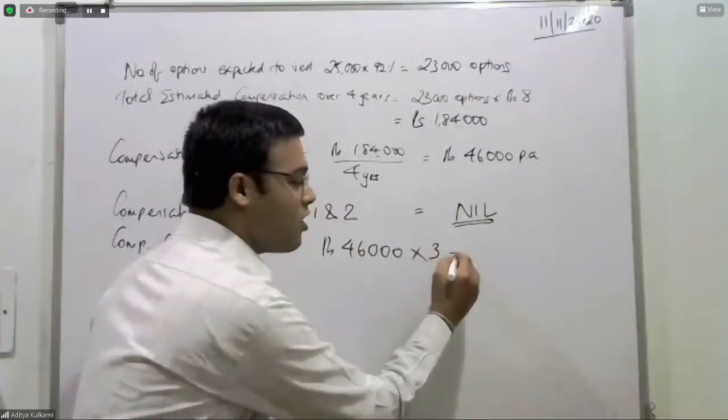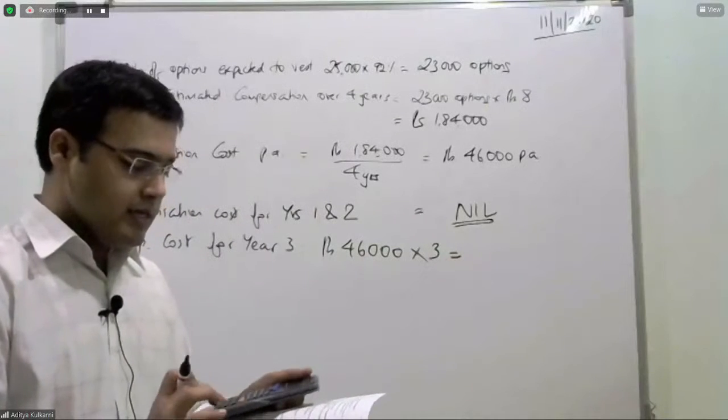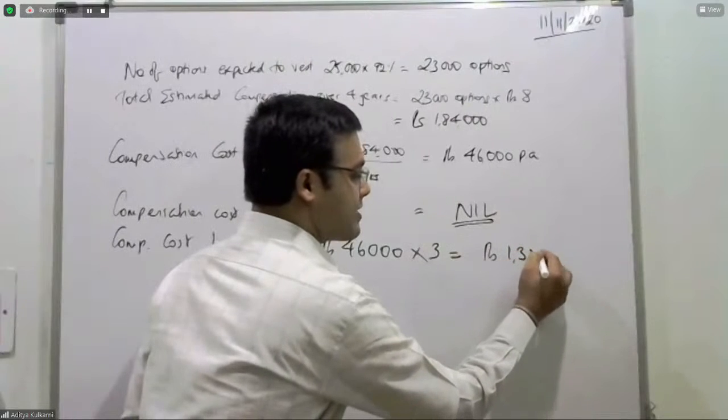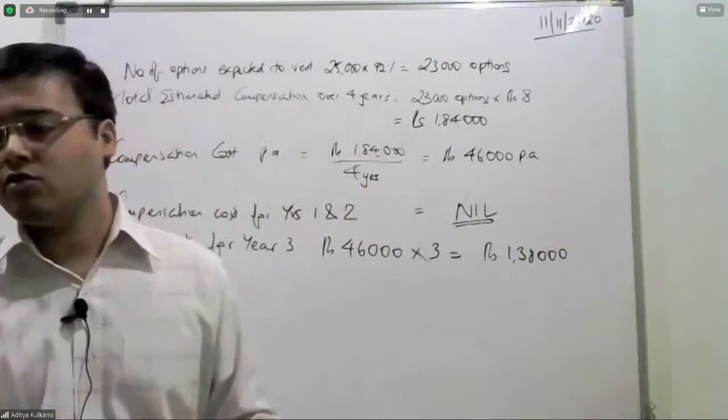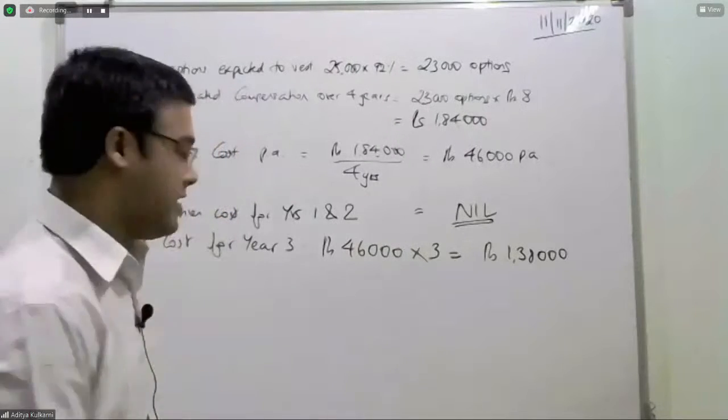So I will record all the 3 years expenses now. So 46,000 into 3, you have to take a hit of 1,38,000 in the third year.